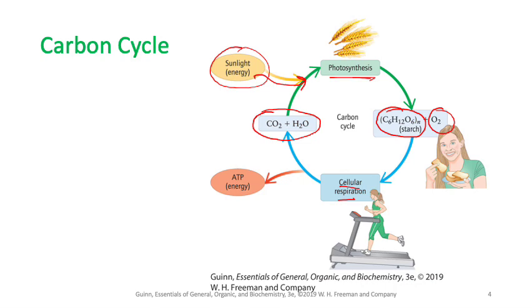And once the carbohydrate is eaten by humans or any animals, they get energy, because the carbohydrate is broken down into carbon dioxide and water, and it releases some energy, and that energy is utilized for activities like running in this picture, like eating.